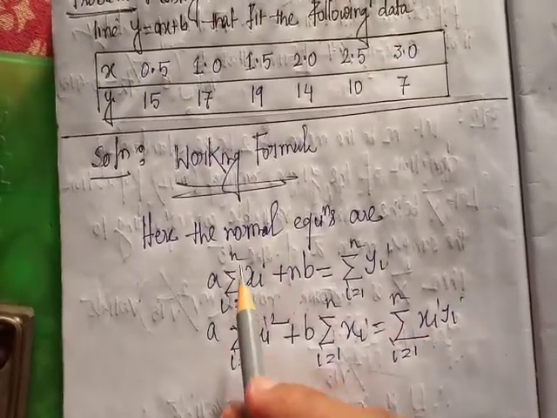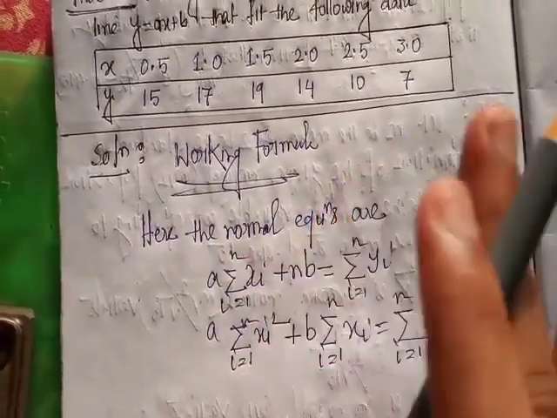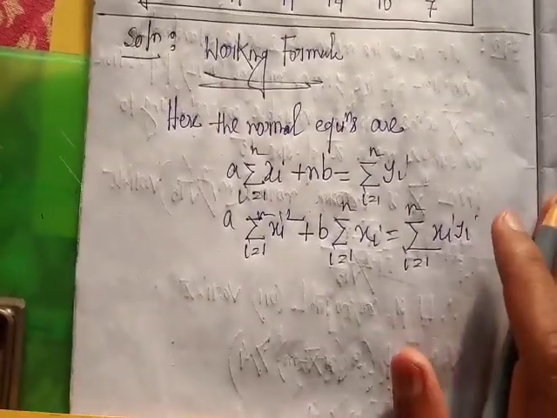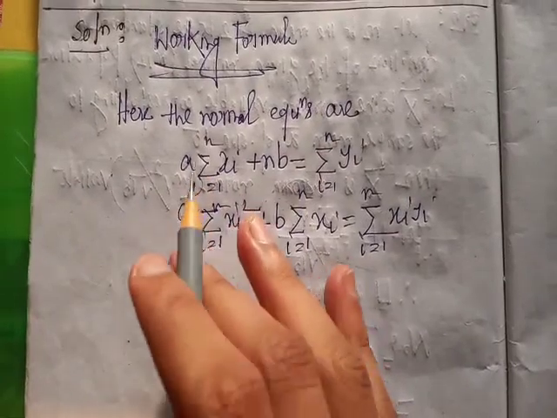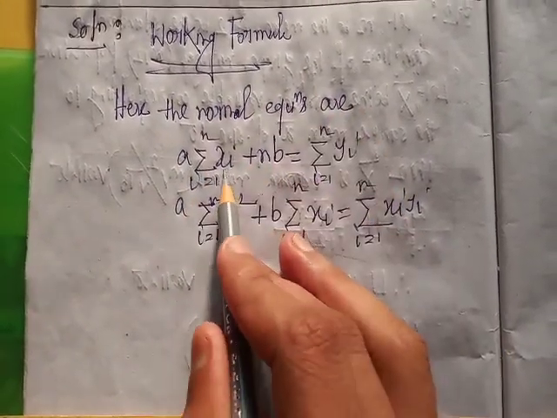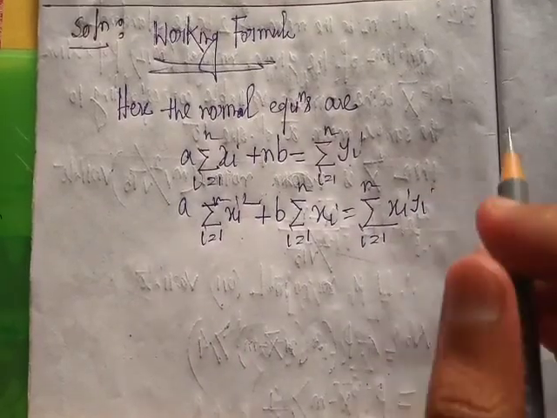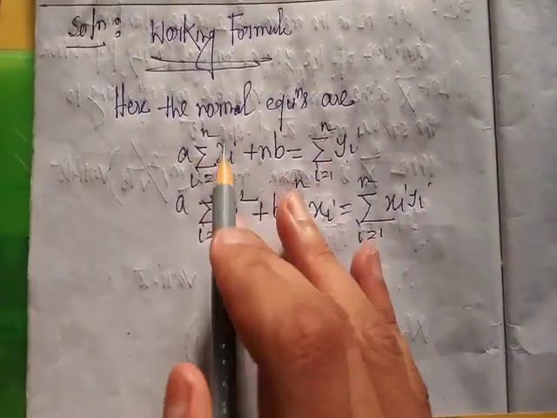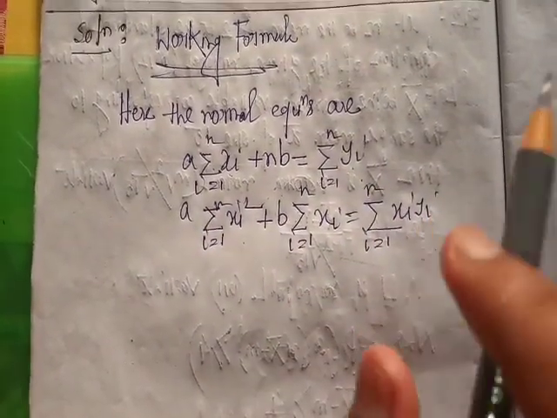Here n is the number of data, which is 6, so n is 6. First we will find summation xi, summation yi, summation xi square, and summation xi yi.